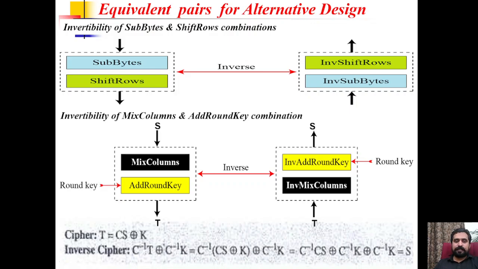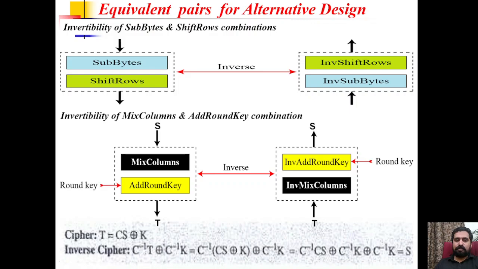Next is the equivalent design, the alternative design. For those applications that prefer a similar algorithm for encryption and decryption, a different inverse cipher was developed. In this variant, the transformations in the reverse cipher are rearranged to make the order of transformations the same in the cipher and the reverse cipher. Here you can see the sub byte and shift row pair. Sub byte changes the content of each byte without changing the order of the bytes in the state.